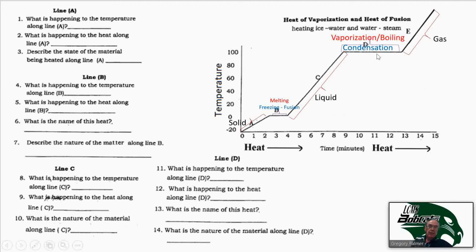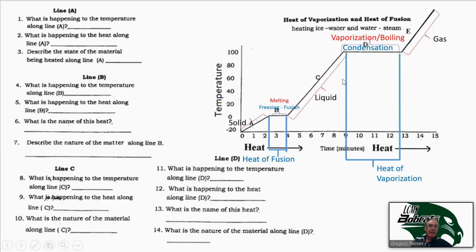Notice that during both of these phase changes, the temperature stays constant. At the beginning of line D and at the end of line D, we have the same temperature, and the same thing for line B. The energy needed to melt the solid and turn the solid to a liquid is called the heat of fusion.